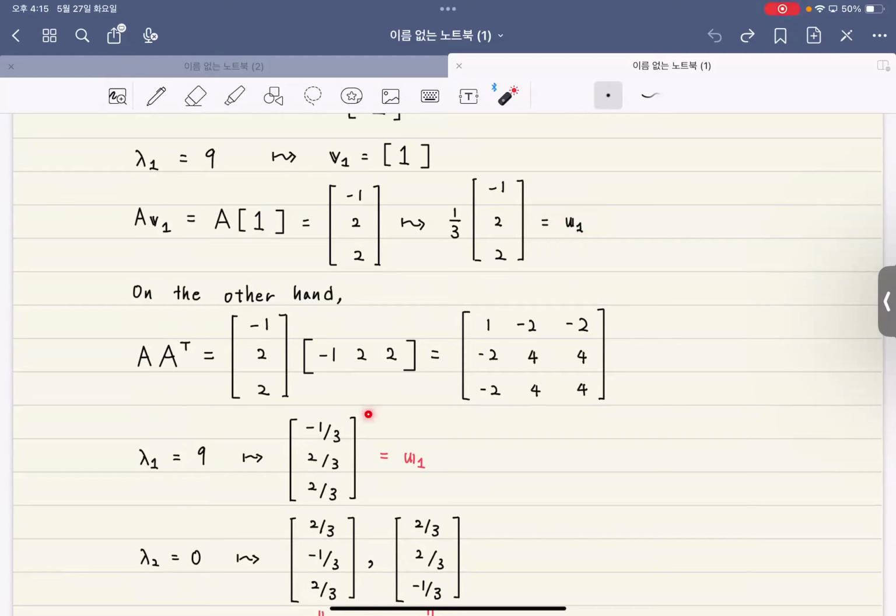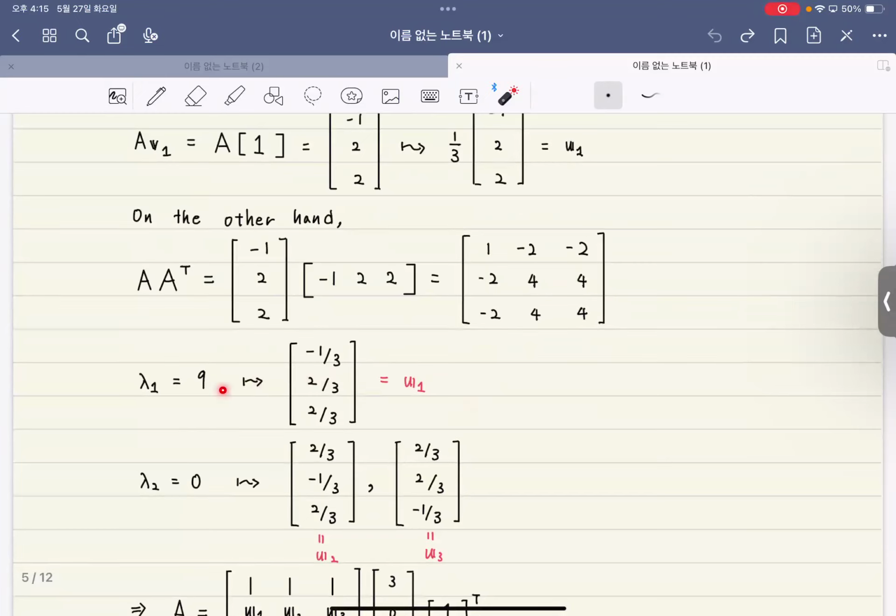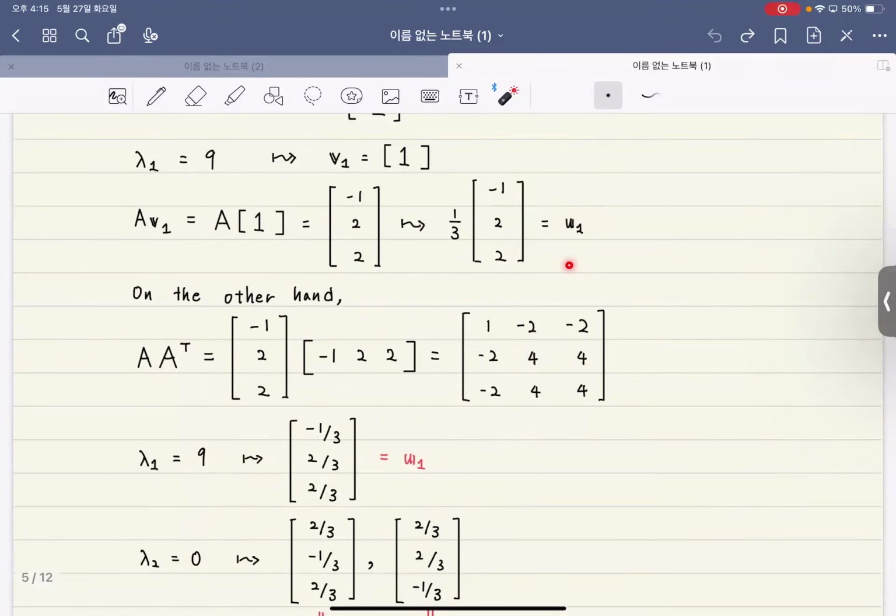Okay. So in order to find such orthonormal basis vectors, we actually need to orthogonally diagonalize this positive semi-definite matrix AAT, which is this, and after some tedious computation, it turns out the first eigenvalue is 9, and the second eigenvalue is 0. Again, as expected, its eigenvalue is the same as before, right?